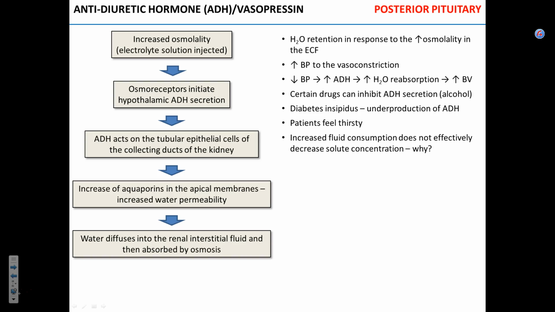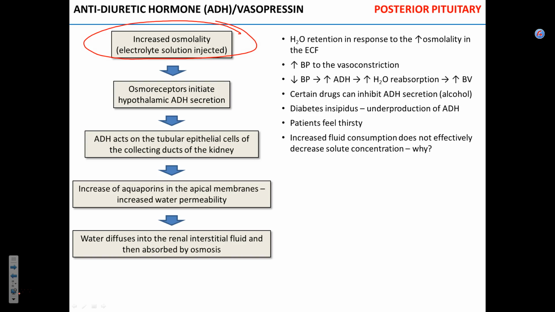It goes up. When solute concentration goes up, the osmotic concentration also goes up, right? It's pretty much the same. Osmolality goes up. This is what is sensed by hypothalamus.